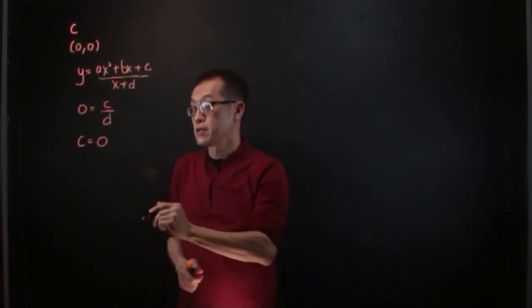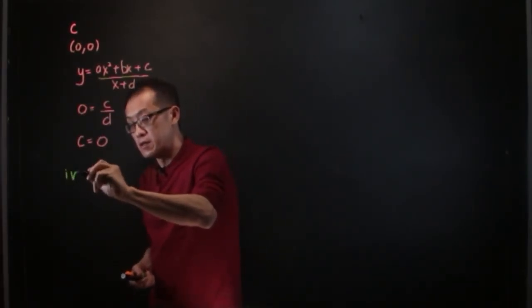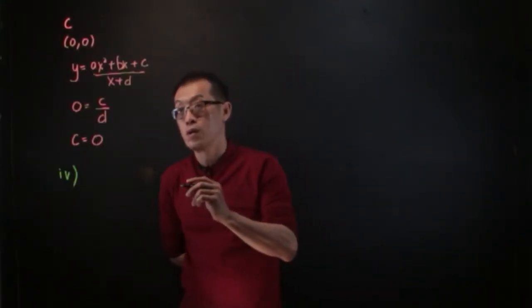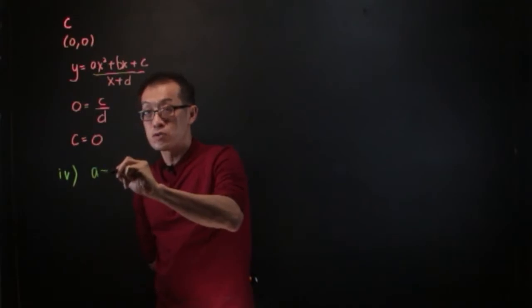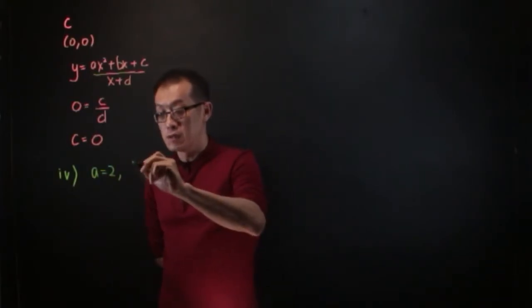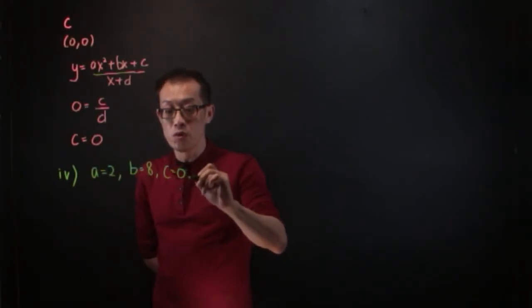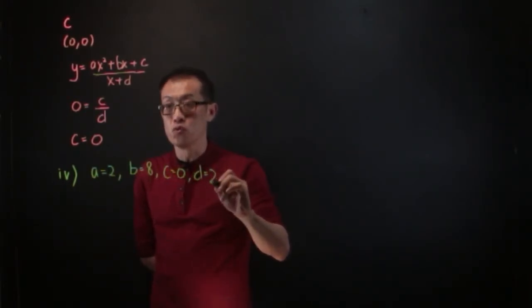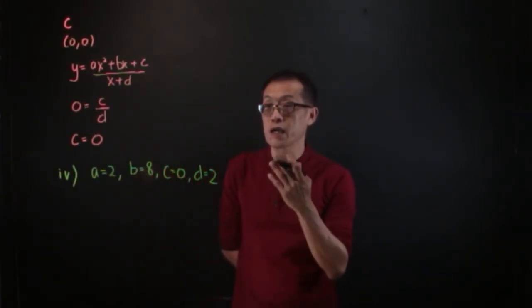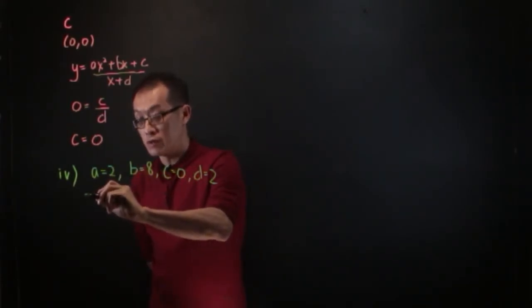Okay, now let's look at part 4 of the question. Let's spend some time reading it. Okay, part 4, you are given that a is equals to 2. And we found out that b is equals to 8 and c equals to 0 and d equals to 2. Now you are asked to sketch the graph. So you just put these values into your equation of the graph.